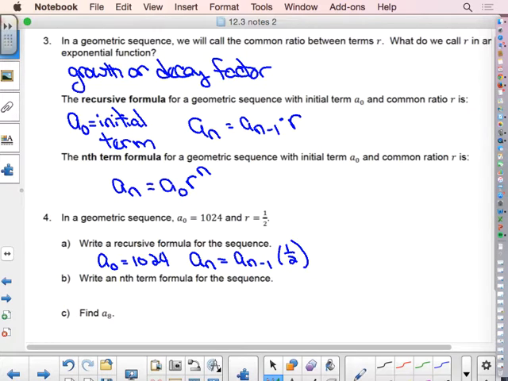In B, we want an nth term formula for the sequence. So now I will have a sub n is equal to a sub 0 times r to the n. So a sub n is equal to 1024 times 1/2 raised to the n.